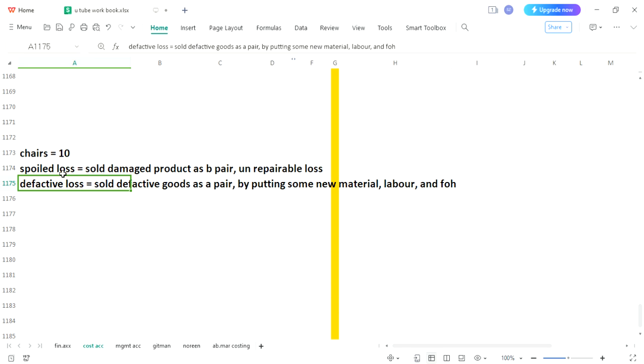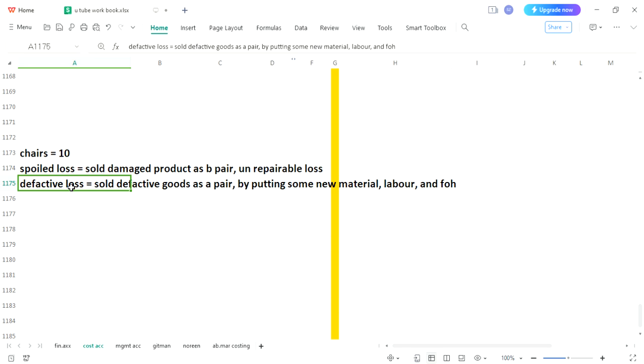There will not be any loss in terms of price as we have repaired that product in an effective way. So we will sell our damaged product after putting some material, labor, and effort as A pair. This is the difference, and hopefully you have understood the difference between spoiled and defective goods. Spoiled loss is not recoverable; you will sell as B pair. Defective loss, the damage can be repairable, and it would be sold as A pair.